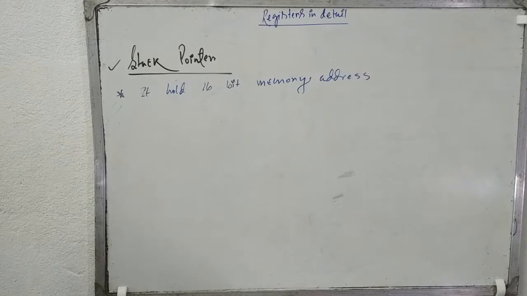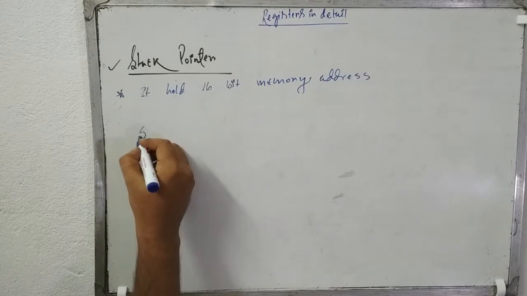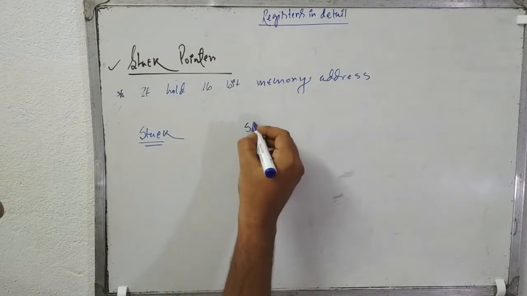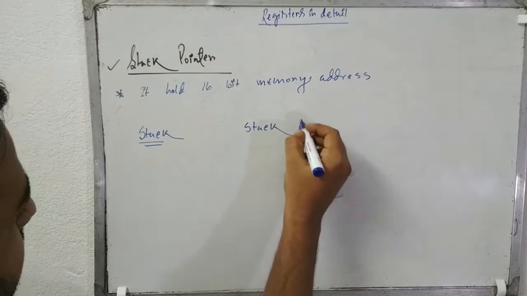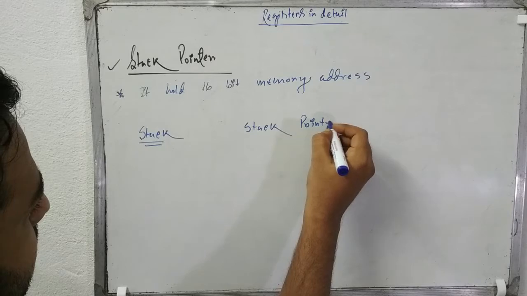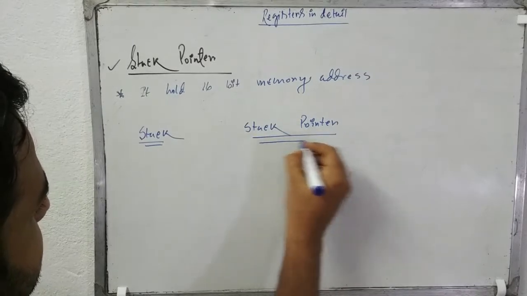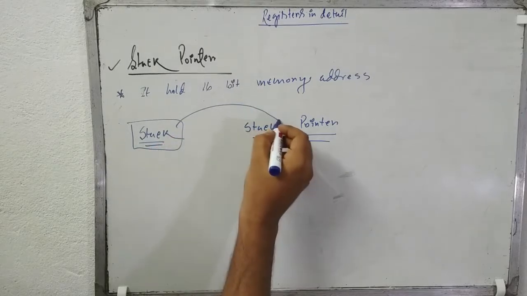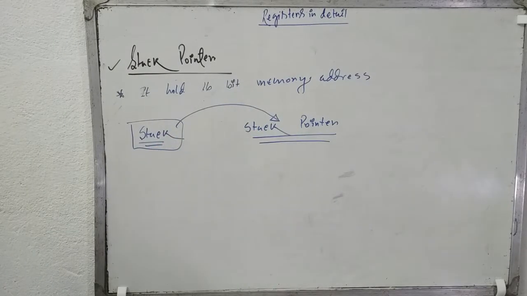There are two terms here. One is the stack, another is the stack pointer. So let me first define the stack, then we will come to our next topic, which is the stack pointer.